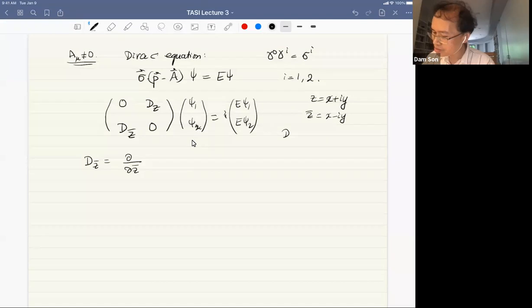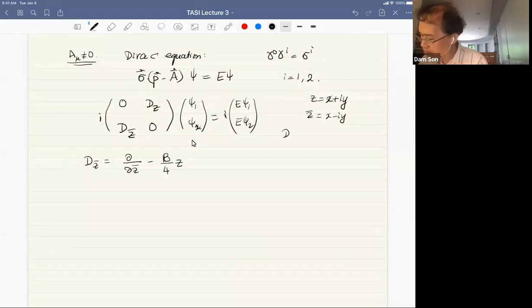So let me write an i here. So this one is like B divided by 4 z.